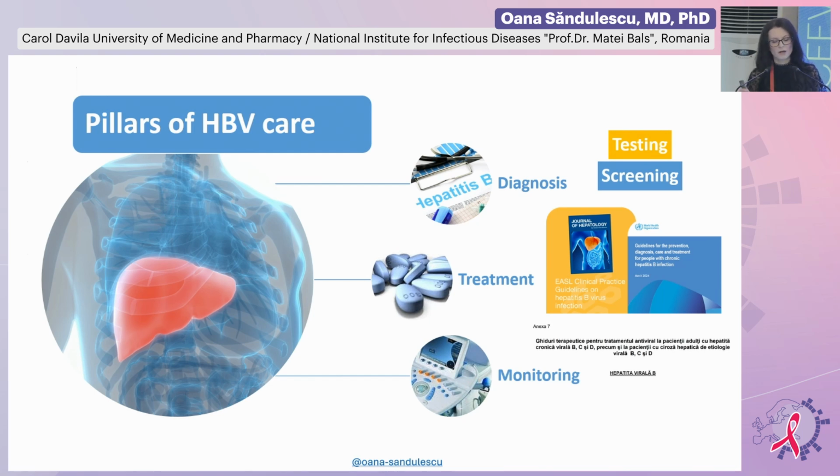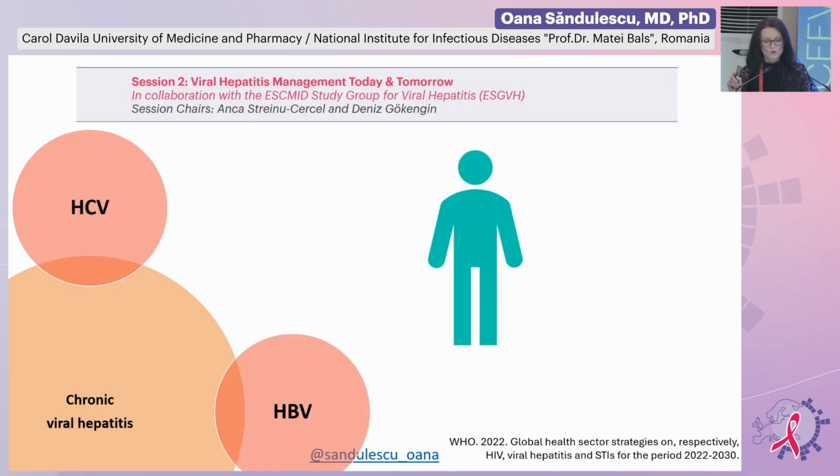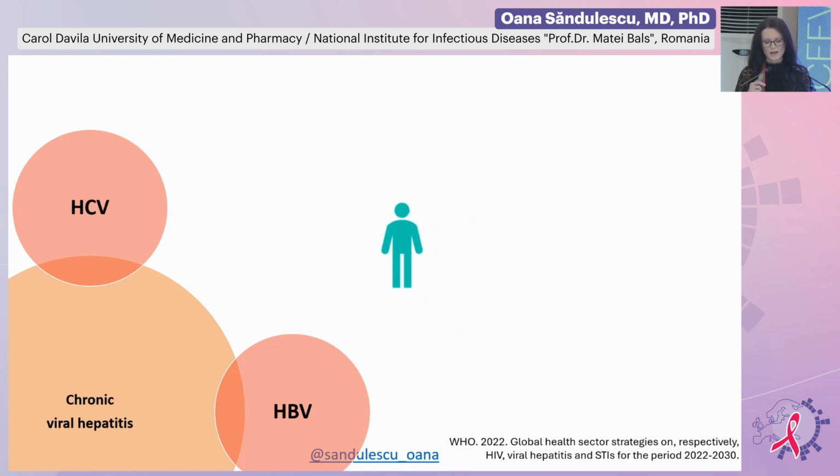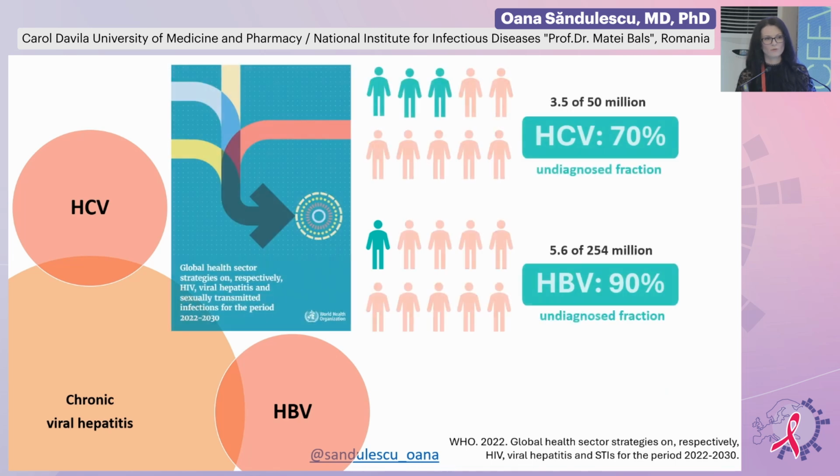And then, of course, we have to monitor our patients. In this session, we're going to be talking about patients with hepatitis B virus infection. But you've seen in the session this morning that this is just a small fraction of all the patients living with hepatitis B virus infection, because the undiagnosed fraction is so large.